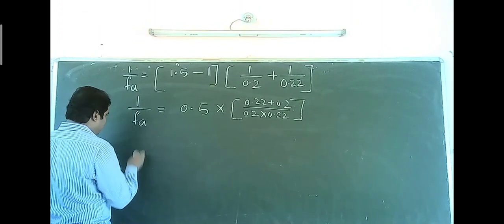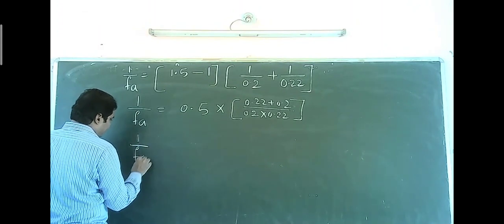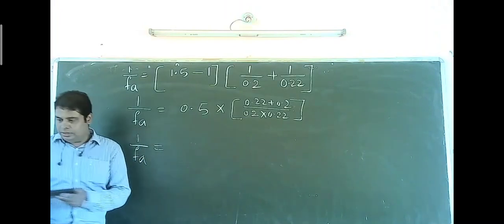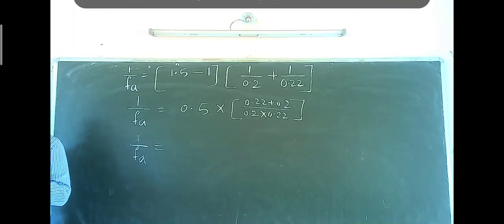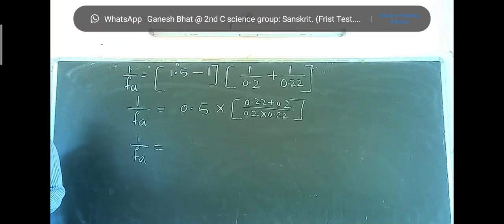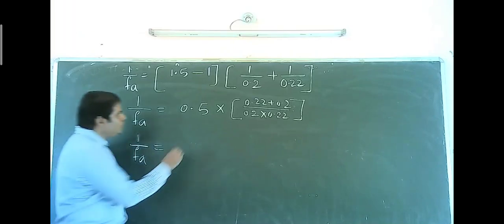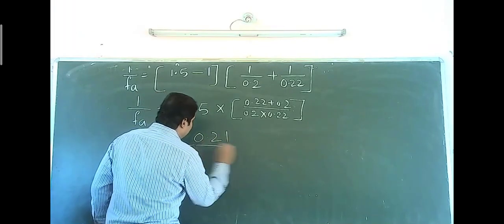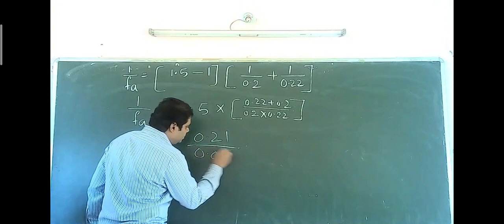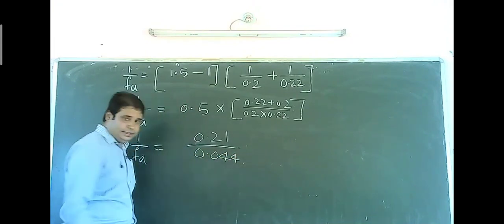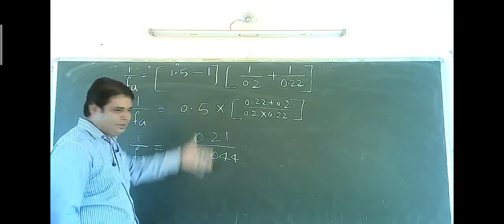Now you have to multiply, right? 1 by f is equal to, we will multiply here, 0.42 divided by 0.044. Correct? Just calculate it.